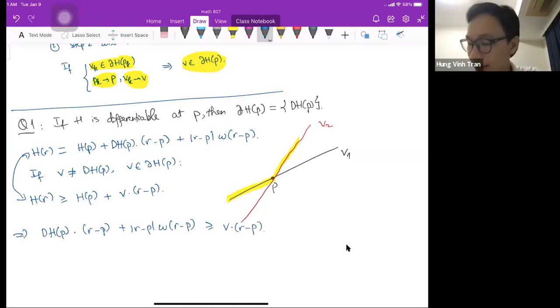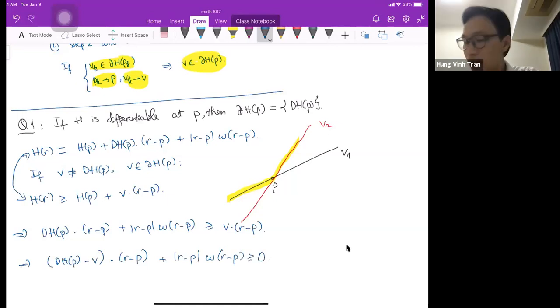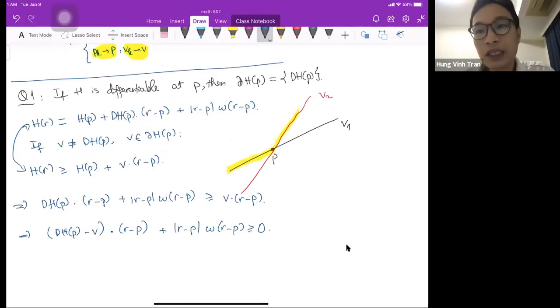And then you combine the two, you have dh of p minus v dot r minus p plus the norm of r minus p times omega of r minus p is greater than or equal to 0. And do you see now that you can come up with a contradiction here?